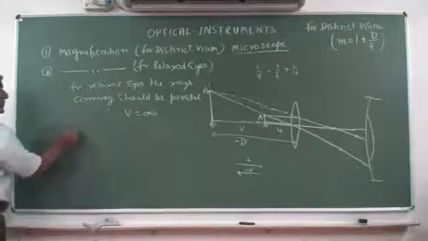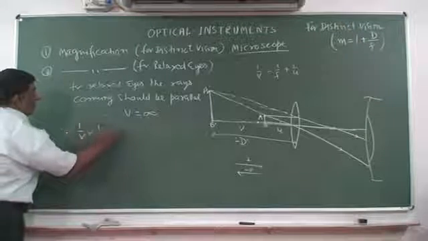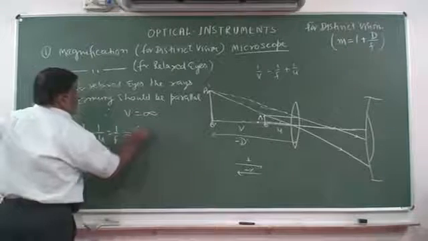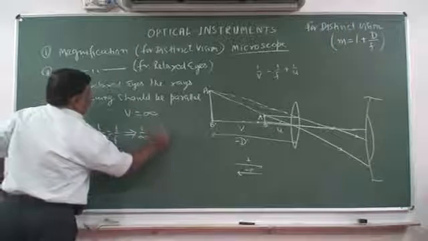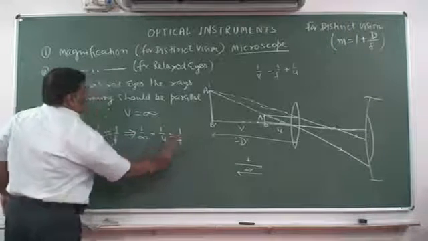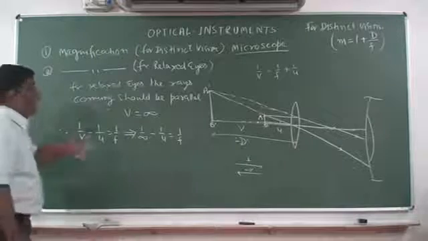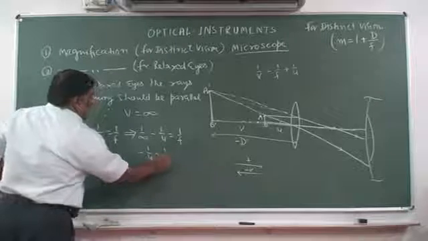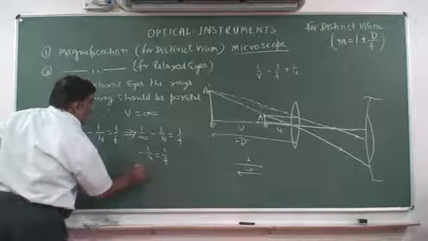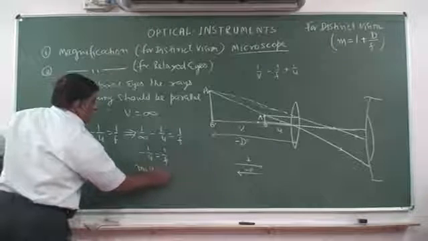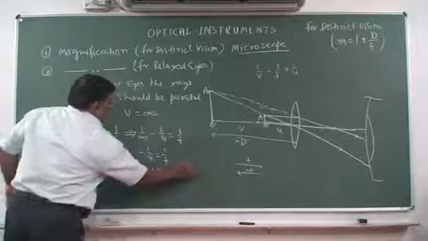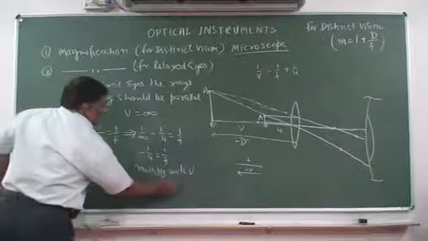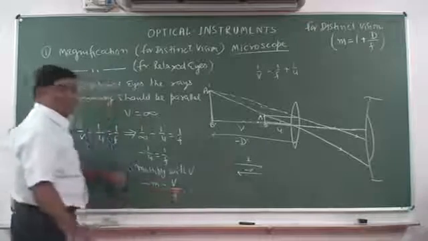Therefore 1 upon V minus 1 upon U is equal to 1 upon F. This leads to 1 upon infinity minus 1 upon U is equal to 1 upon F. So what we get here is minus 1 upon U is equal to 1 upon F. Multiply with V, so this will become minus V upon U. This is minus M is equal to V upon F.